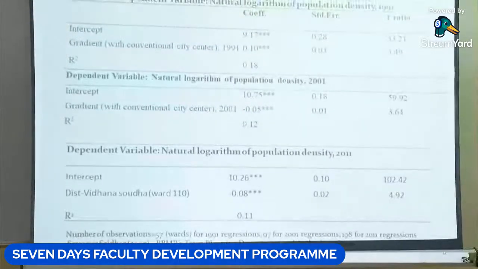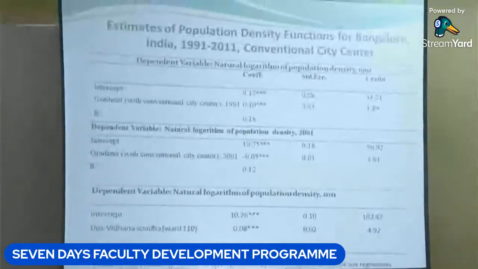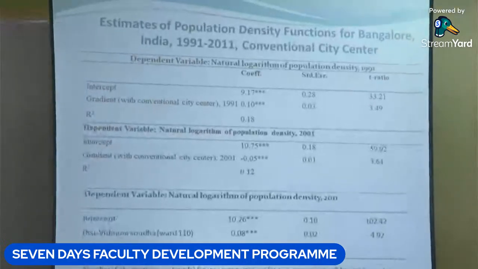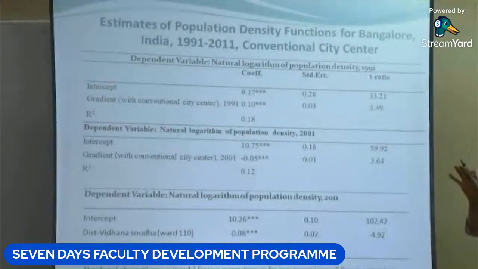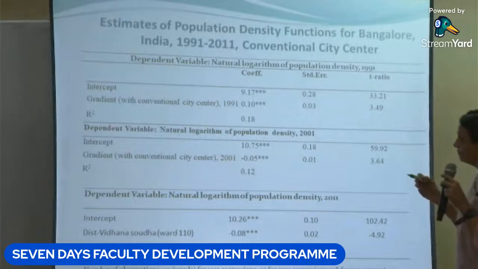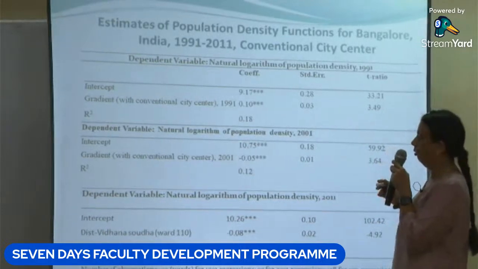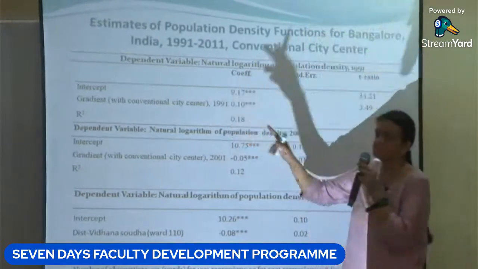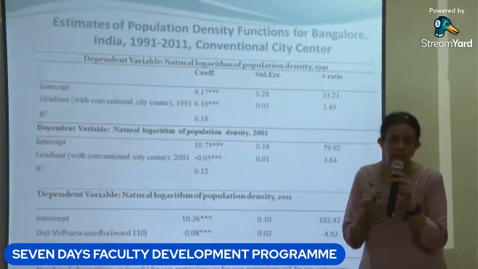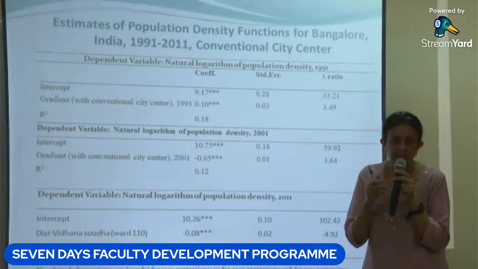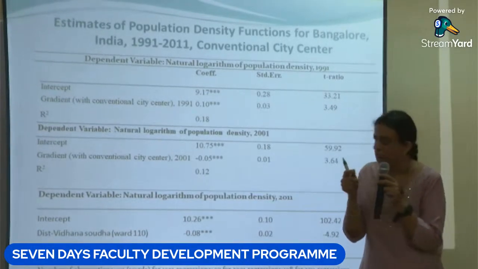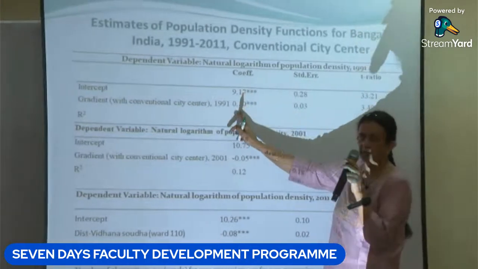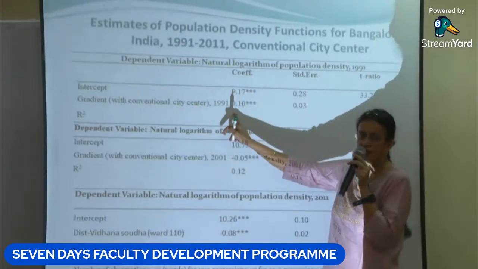That was not merely a theoretical construct, and I have done this empirically for Bangalore. When I considered Sampangi Ramanagar, containing Vidhana Soudha, as the center of Bangalore, this was my estimate of density gradient.